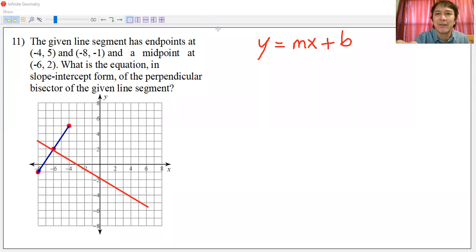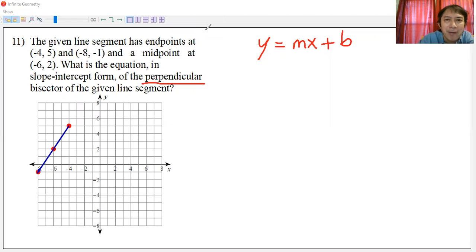Let me remove that. What is the equation in slope-intercept form of the perpendicular bisector? The bisector is the one that divides it, so it must be the line passing through the midpoint.